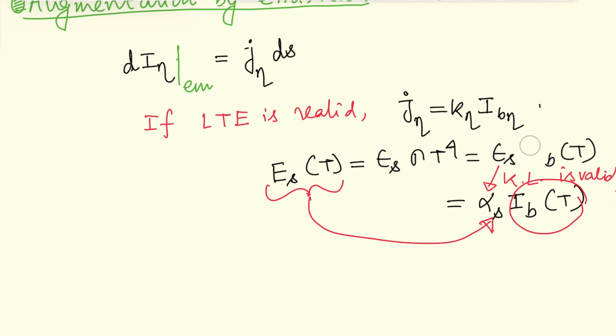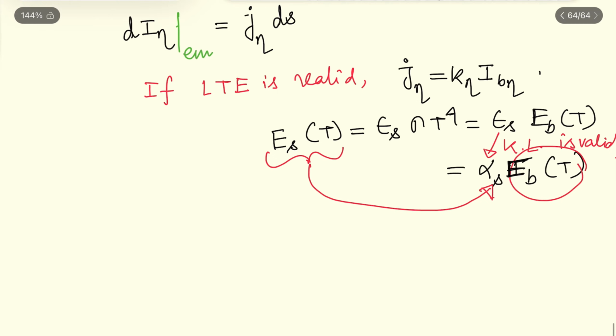So I should write E_B here, E_B(T), not I_B(T). So this E_S(T) is equal to absorptivity into the black body emission only if Kirchhoff's law is valid and the surface is diffuse and gray.